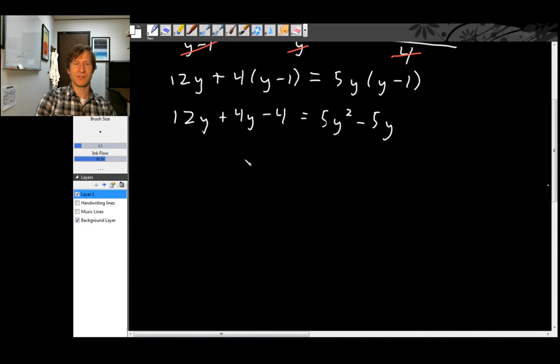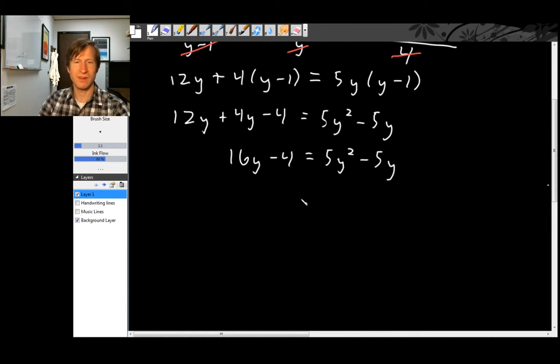And combining like terms on the left, 16y minus 4 equals 5y squared minus 5y. And then moving everything to the right, subtract 16y from both sides, add 4y to both sides.